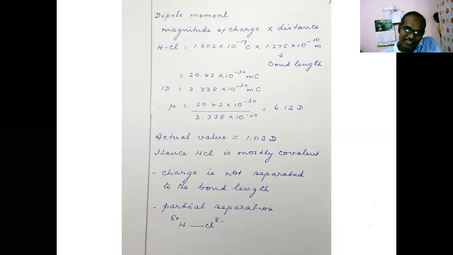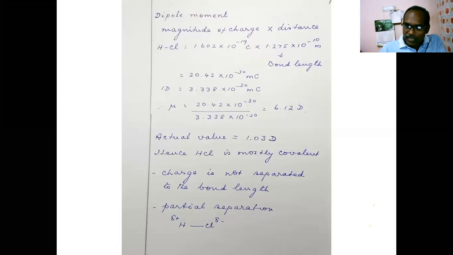Therefore, here there is a discrepancy. You can understand that the fundamental explanation for the dipole moment is all right. It is the magnitude of charge multiplied by the distance. There is nothing wrong in this definition. It is the correct definition for dipole moment.